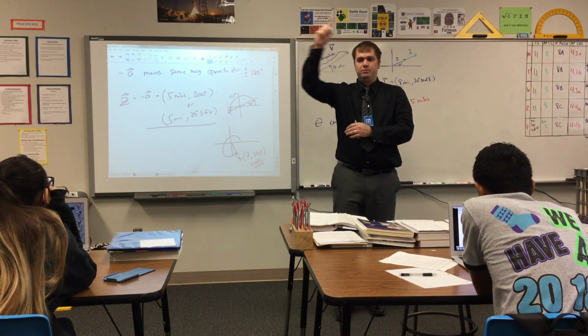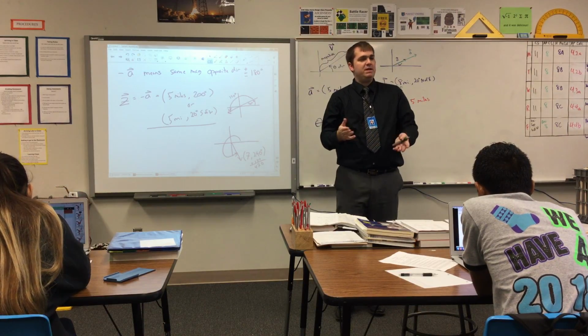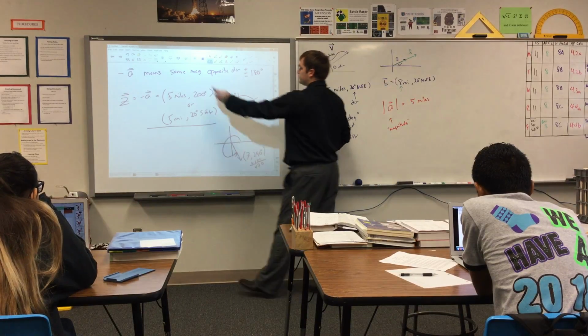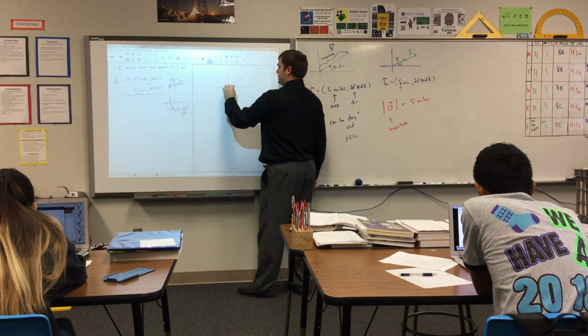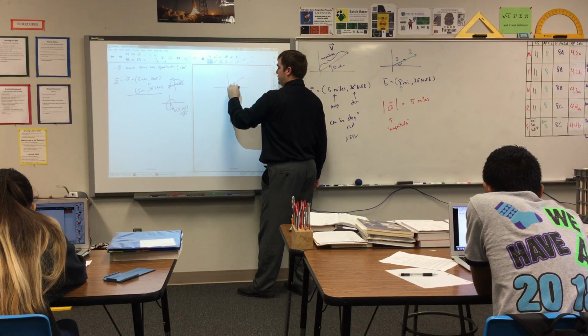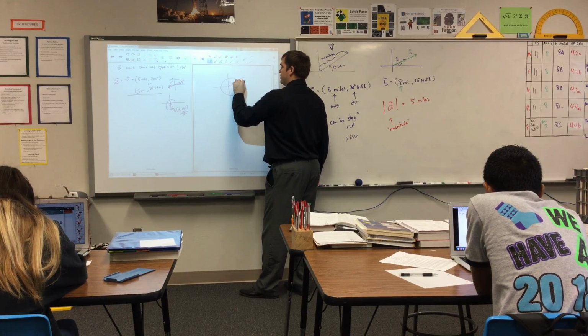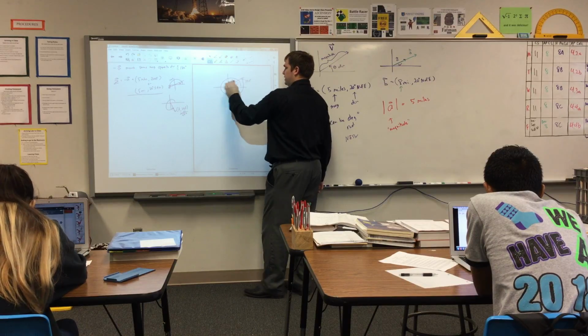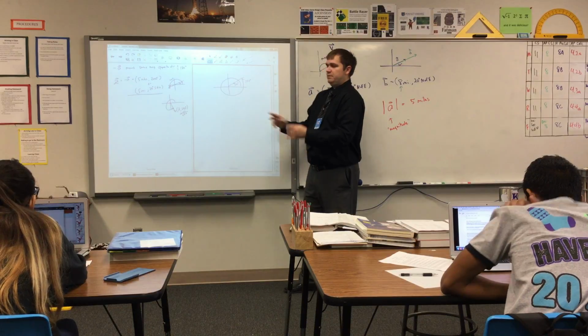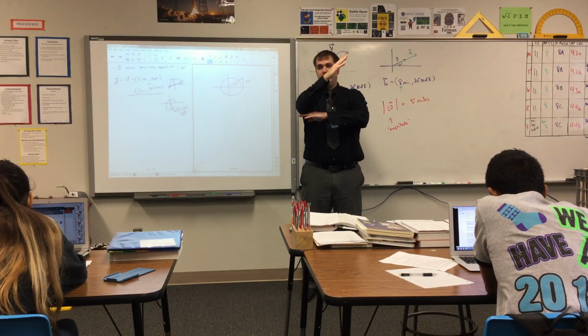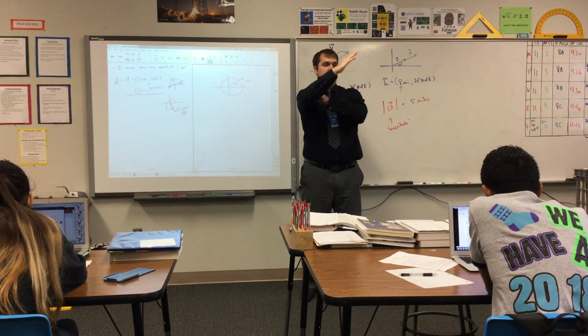When we were dealing with rotations, that made a difference. When you're dealing with rotations, there is a difference between 10 degrees and 370 degrees. They're both coterminal angles, but if you're talking about rotations, there's a difference between something moving like this and something moving like this.